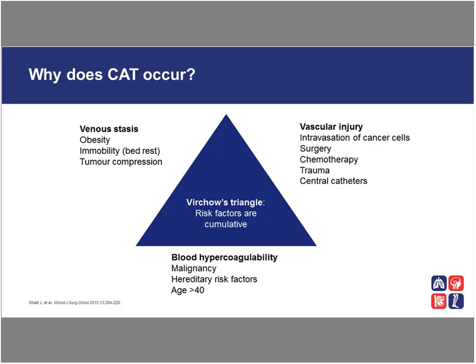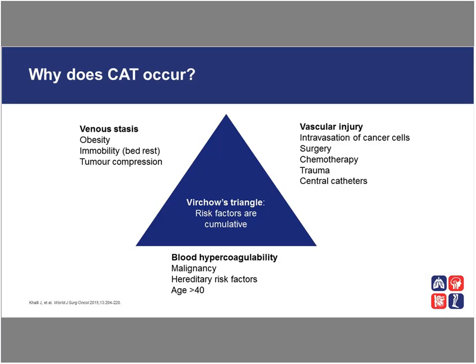Tumor compression on vessels could also be a reason. When we look at blood hypercoagulability, the malignancy itself can be associated with a heightened risk for a hypercoagulable blood through, for example, procoagulant tumor-releasing factors. Hereditary risk factors can also impart an increased risk through this mechanism, and increasing age could also impact on this risk.